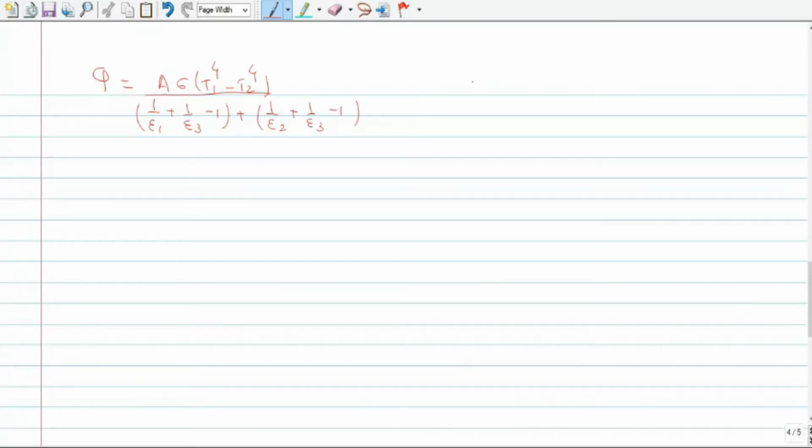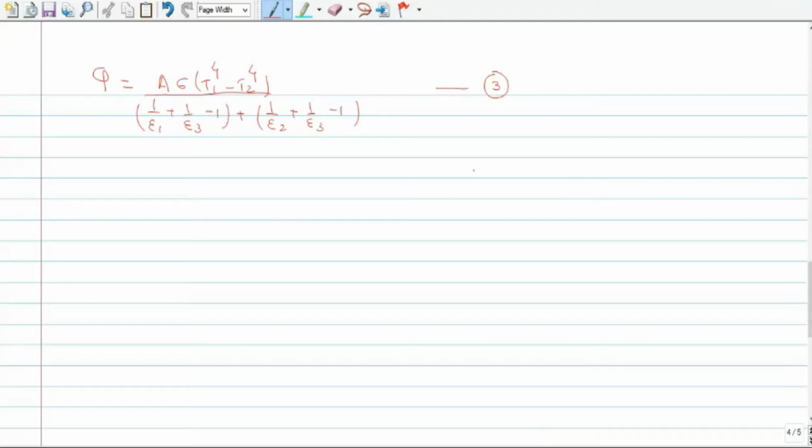So this expression, suppose I'm giving it expression number 3, is the expression using which we can calculate the net heat exchange with the application of a radiation shield or thermal shield.